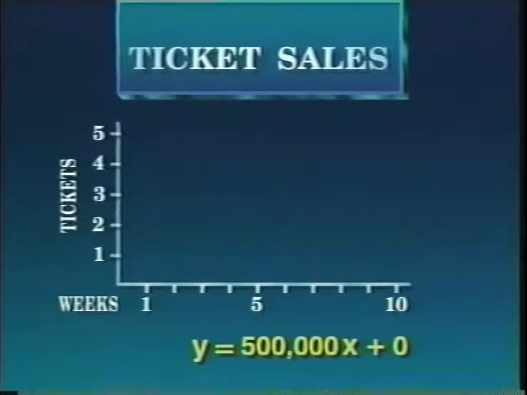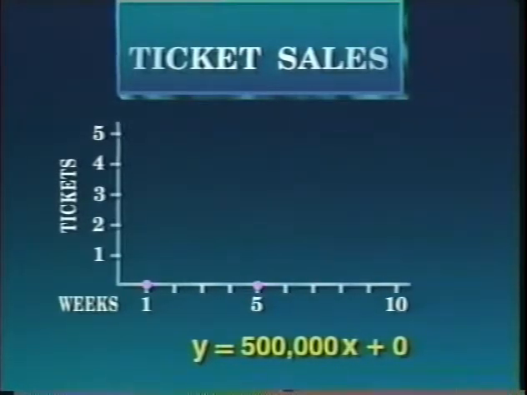Now, suppose we had to work the other way around. Suppose we had the equation and needed to draw the line it described. We can do that by taking advantage of the fact that 2 points completely determine a straight line. We can use the equation to find such points. For instance, let's choose 2 values for x, say 1 and 5.